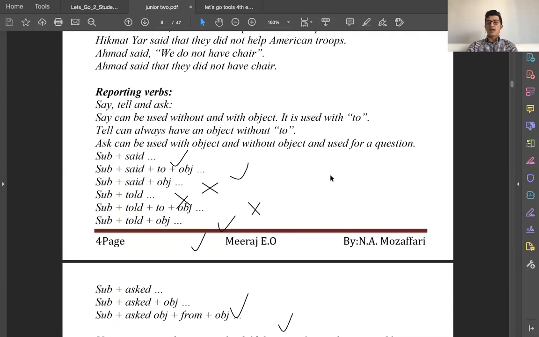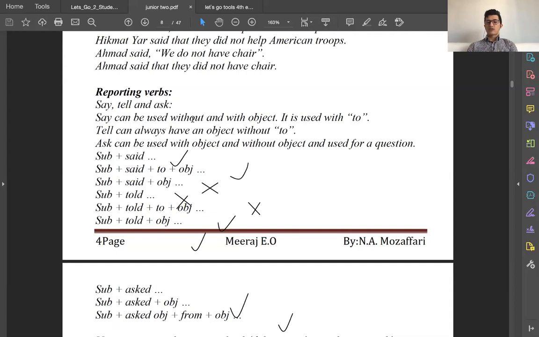Okay. And sometimes you might have different verbs for that. Here are some examples and some more important notes. Sometimes instead of say, you can use tell. And sometimes instead of tell, you can use ask.